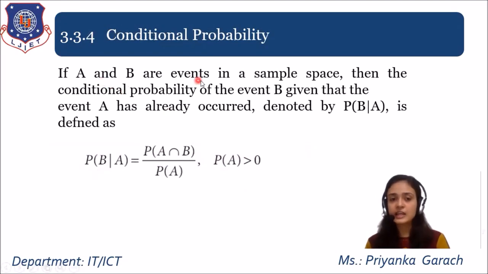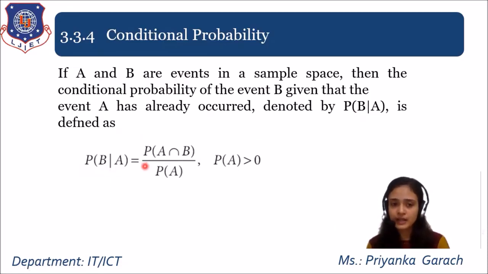Next one is the conditional probability. If A and B are events in a sample space, then the conditional probability of B is given like this. Here, the event A has already occurred, so we write the probability of B, pipe symbol, and A. Whatever event has already occurred we write on the right hand side, and the one whose probability we want to find we write on the left hand side.